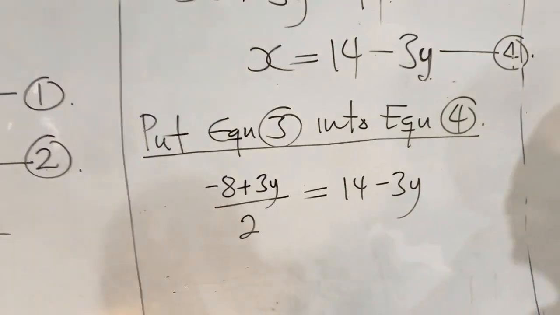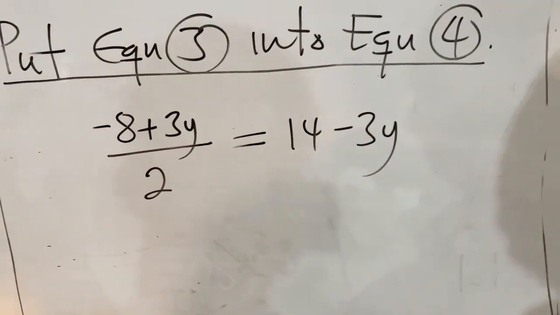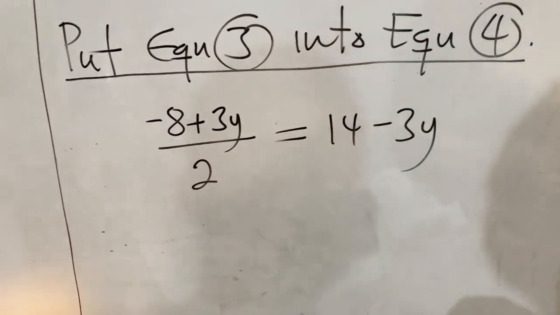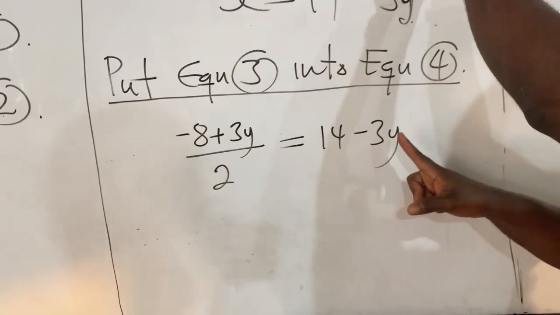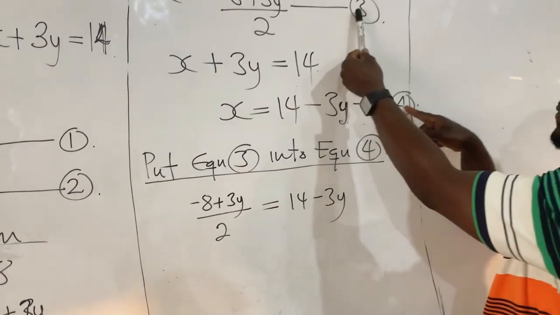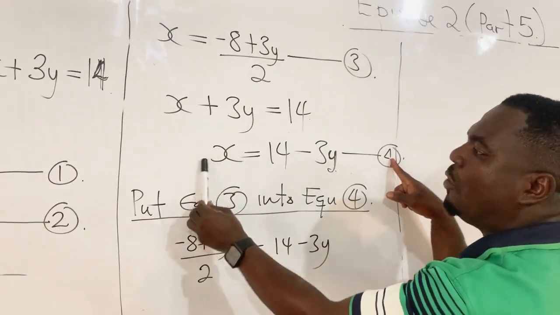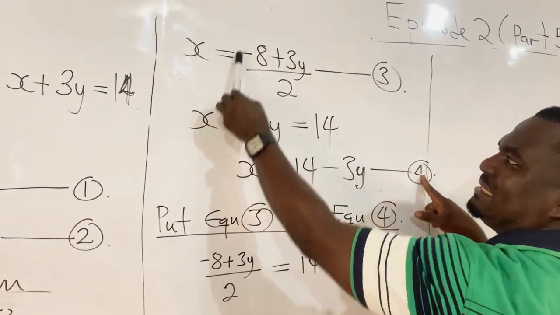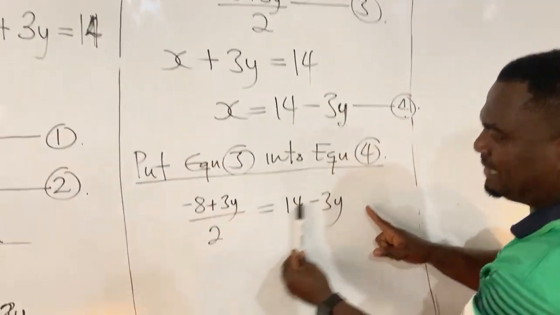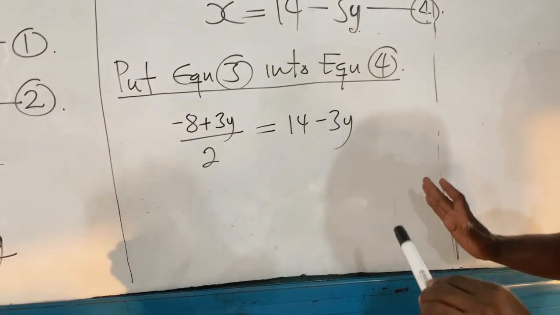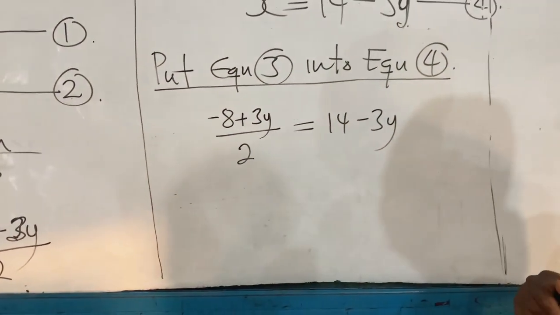Watch it very carefully. It is happening live and in color. I've put equation 3 into equation 4. In this x, I've substituted or replaced this x with the whole of this, and I've formed this simple linear equation. Now the equation is in terms of y.